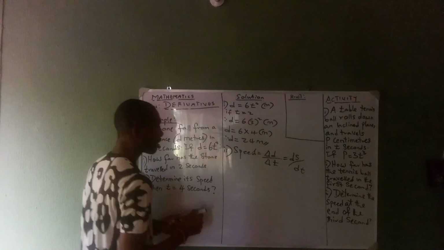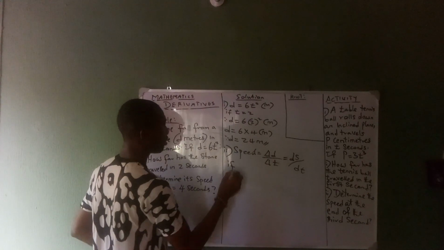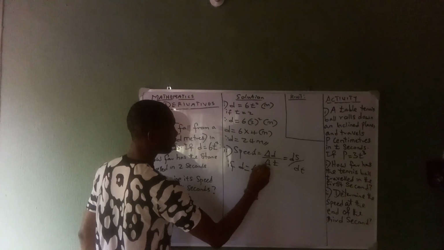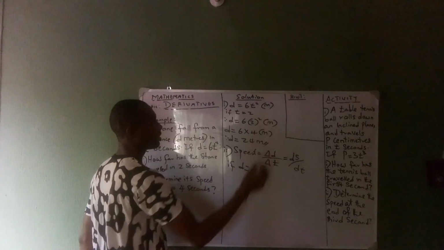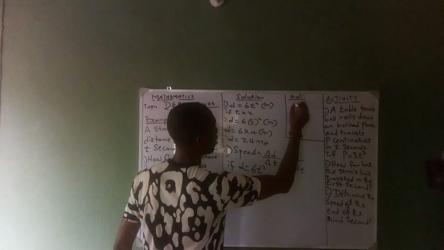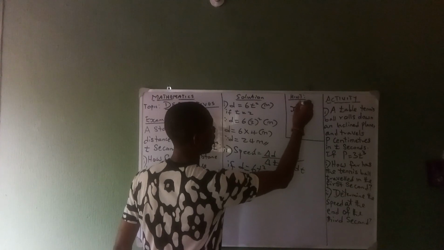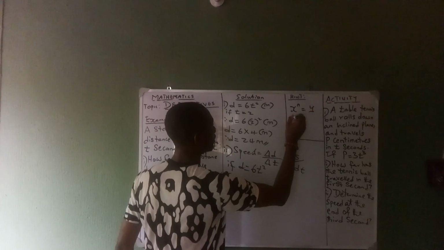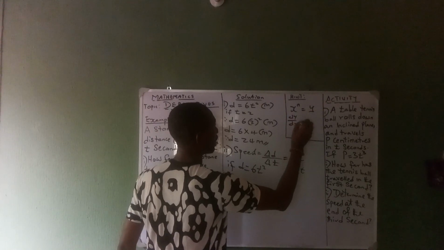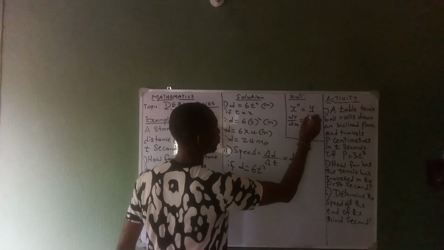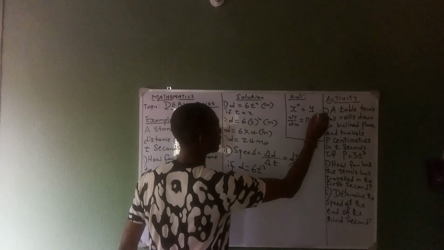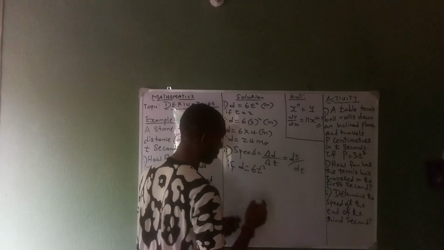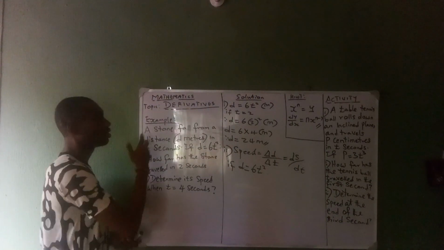So we'll say if our d is equal to 6t square. Remember this hint. When we have x raised to the power of n equals y, then our dy over dx will be equal to nx to the power n minus 1. That is the concept of the differential or the derivatives.